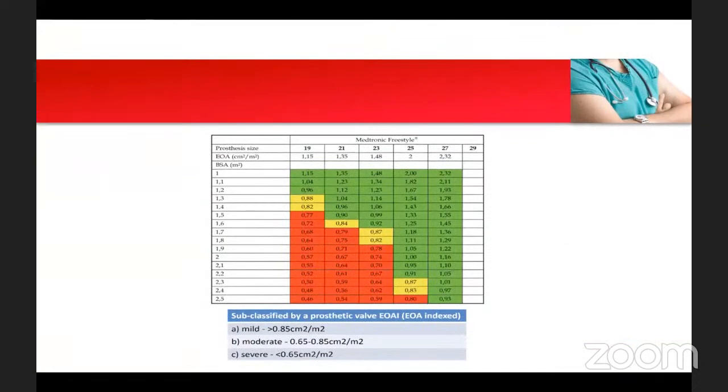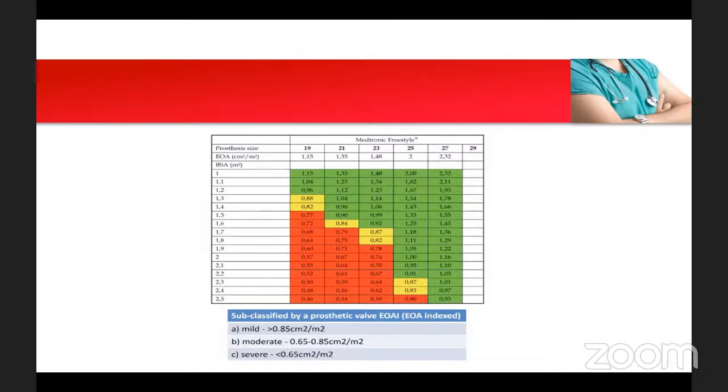This table is usually provided by each prosthesis company, and it's customized for each valve, and is supposed to help us in selecting the proper valve size with the optimal effective orifice area to prevent patient prosthesis mismatch.